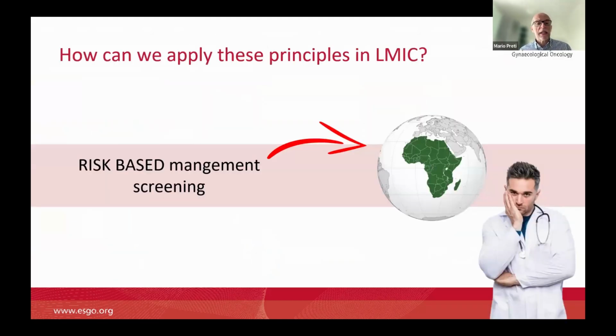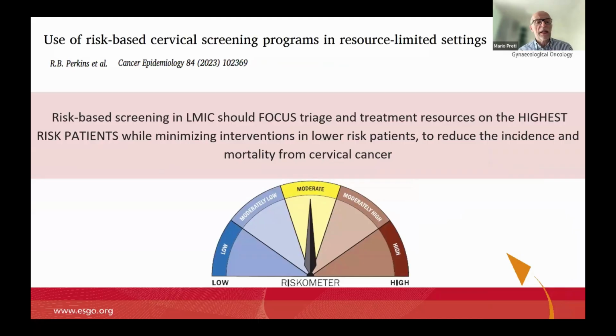Changing to risk-based management in low-income countries, we can say that risk-based screening should focus triage and treatment resources on the highest risk patients while minimizing intervention in the lower risk group of patients, to reduce the incidence and the mortality from cervical cancer.